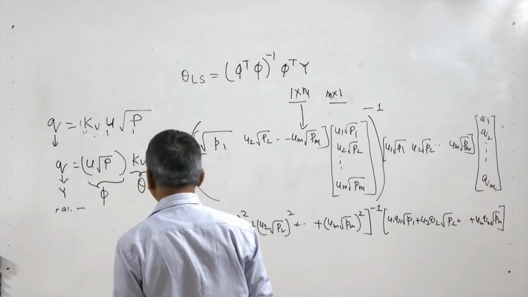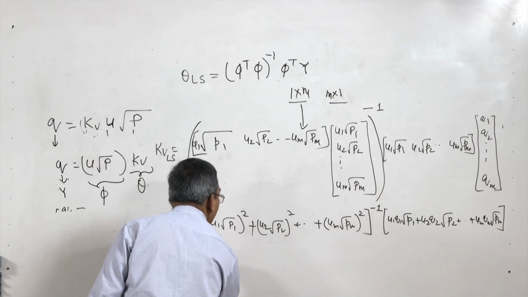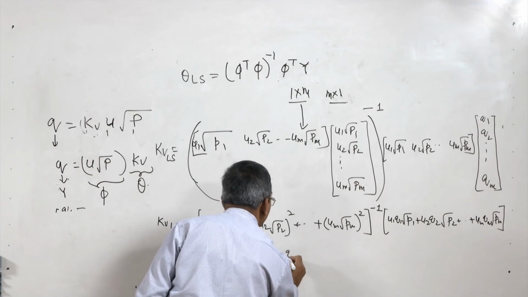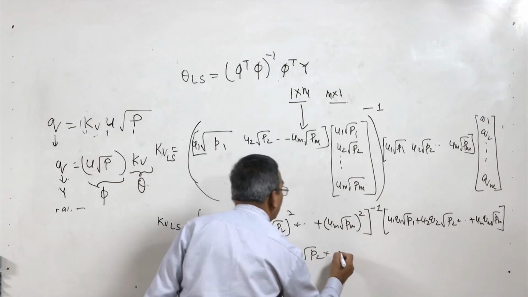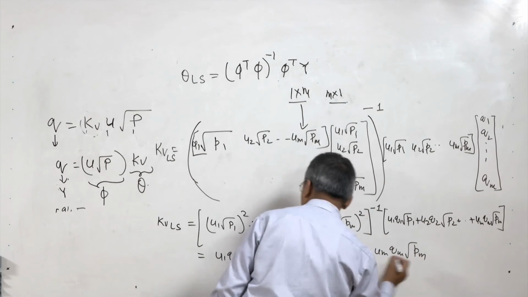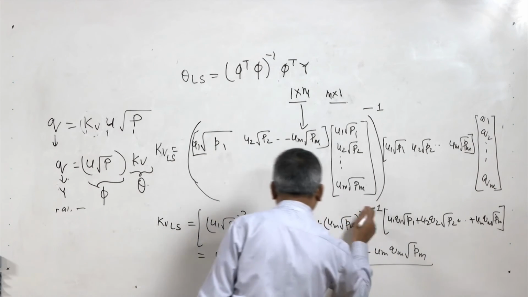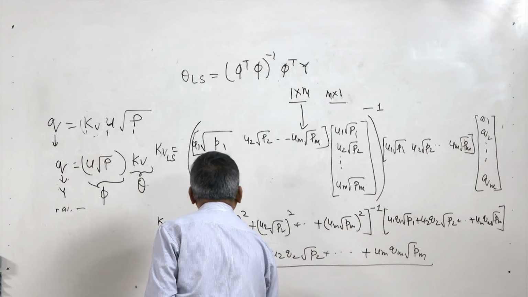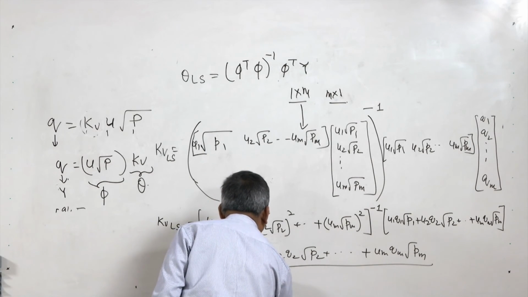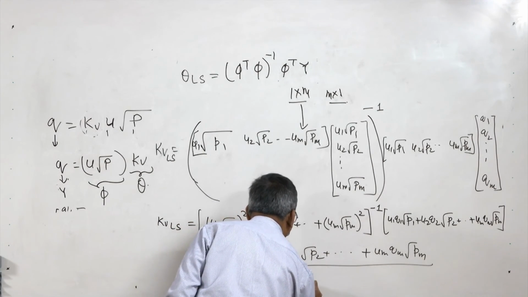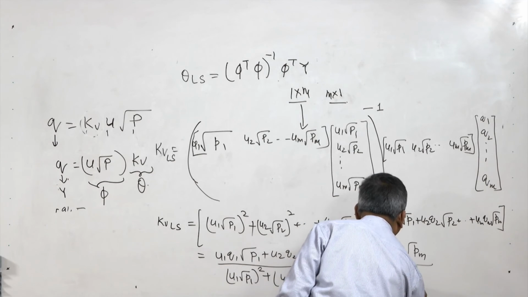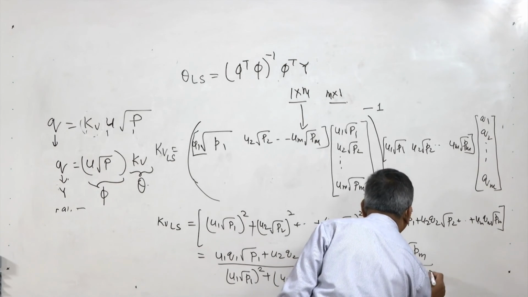So I can write kVLS as u1 q1 root p1 plus u2 q2 root p2, plus, up to qm root pm, divided by, of course, I can just take this to the denominator, u1 root p1 square plus u2 root p2 square, plus, up to root pm square.